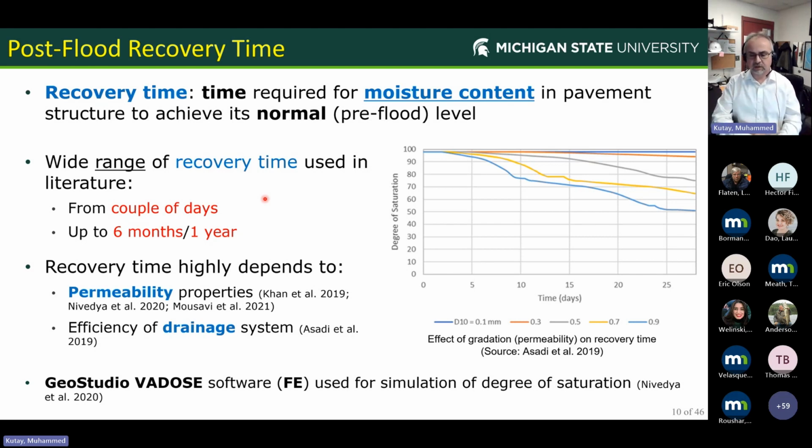So all these aspects we have been studying, and we have started developing mechanistic models. My student Farhad is going to be presenting those models and some of the findings that we found.